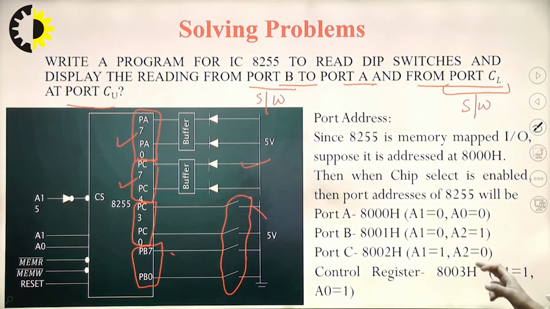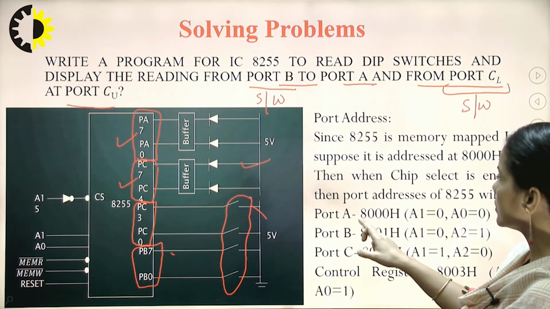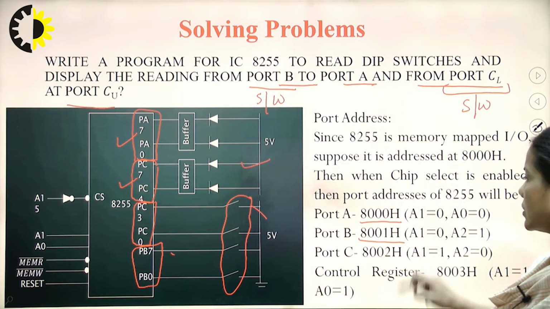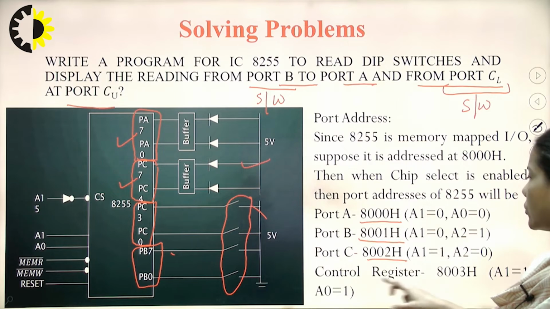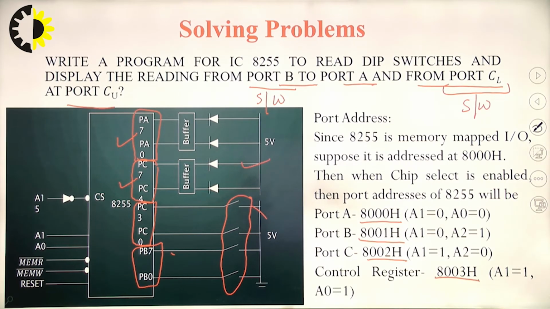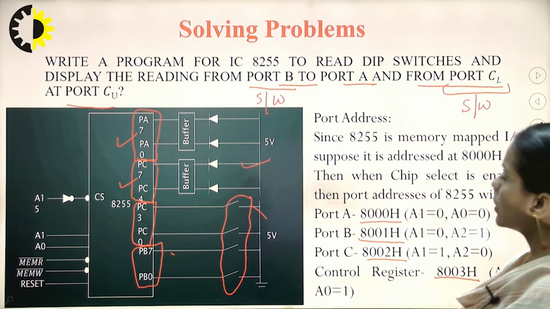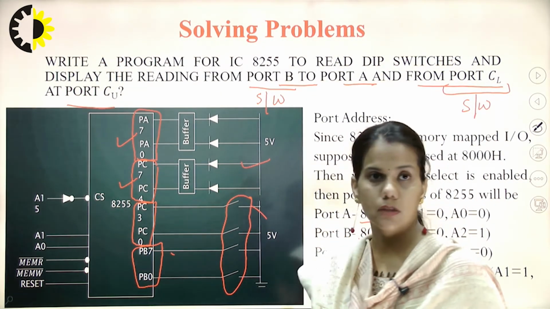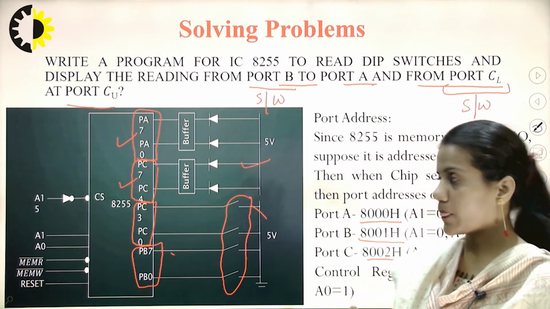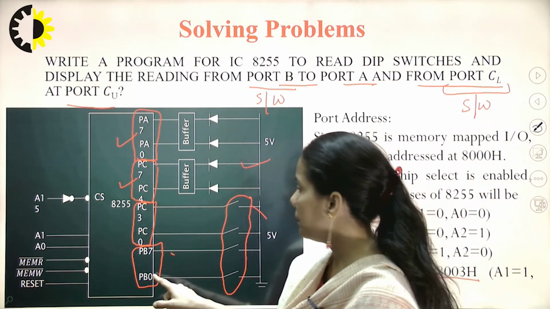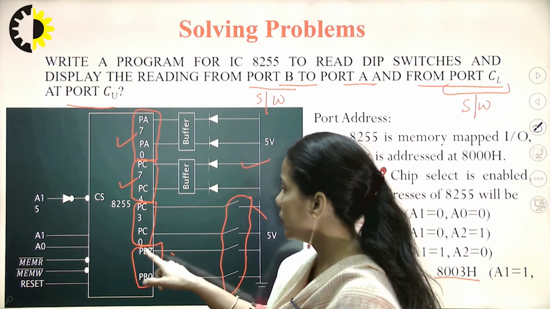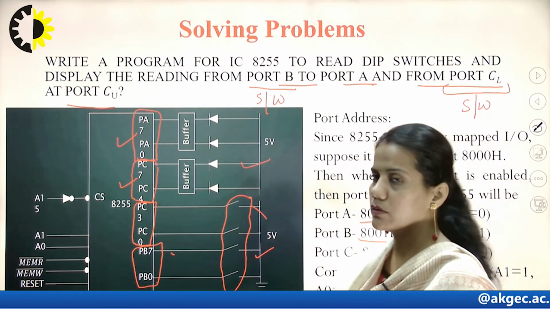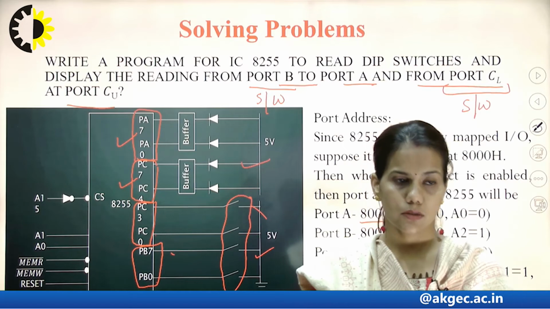Some addresses are given: port A address is this, port B address is this, port C address, and control register address is this. Here we have to understand which ports are input ports and which are output ports. Port B and port C lower are the input ports because they are reading the status of the switches.